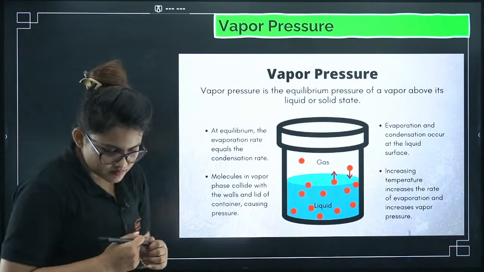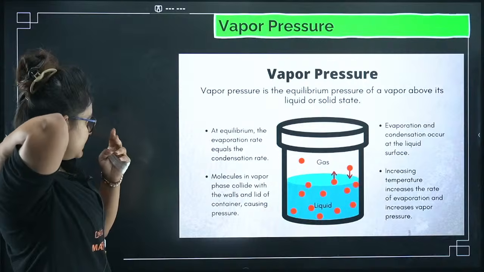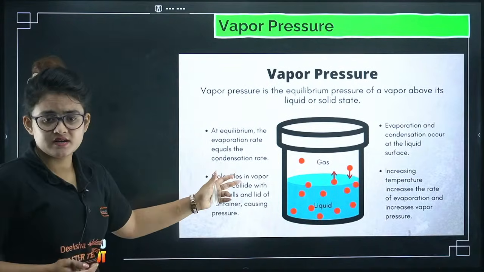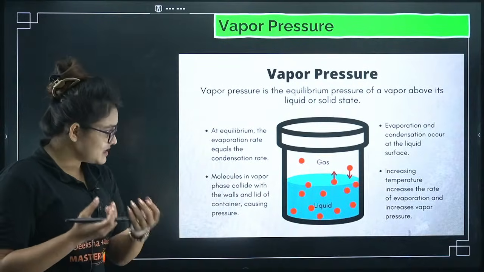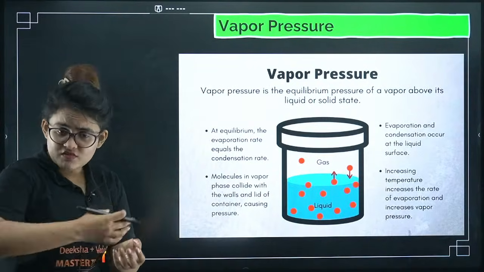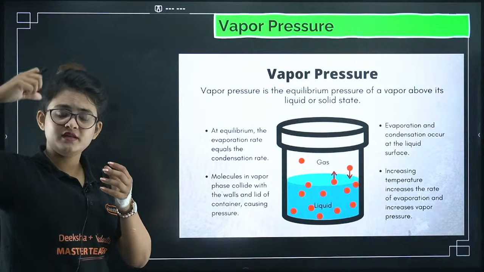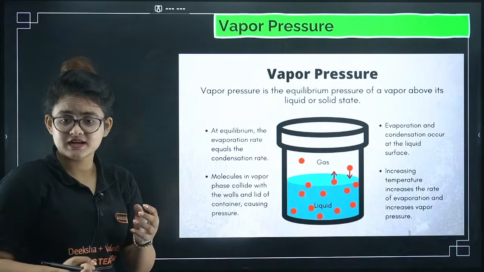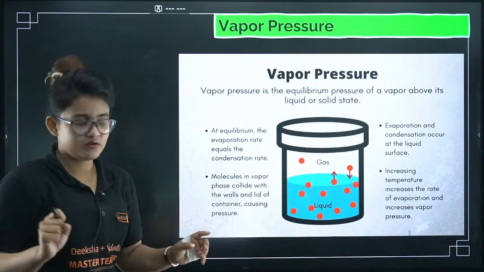At equilibrium the evaporation rate is equal to the condensation rate. The same way the liquid gets evaporated, the gas will get condensed and come back to the liquid form.